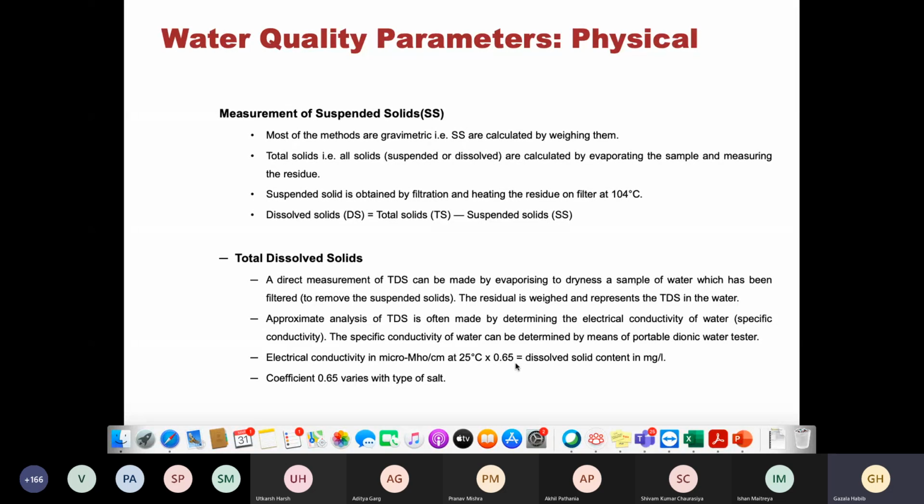So the scale is made in such a way that for different concentrations of salt and for different salts, a factor can be given to translate the concentration into conductivity, or if you know the conductivity, it can be translated to the concentration of the dissolved solid. So is that clear? Is this clear?